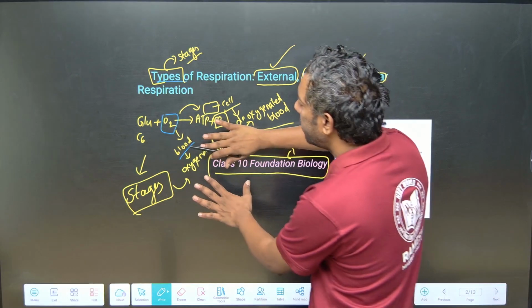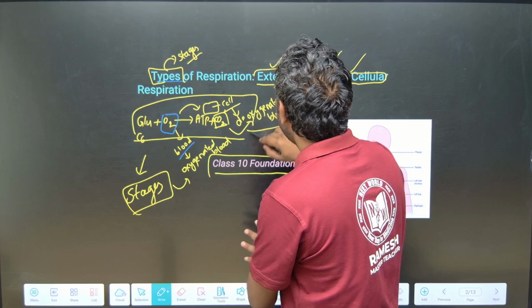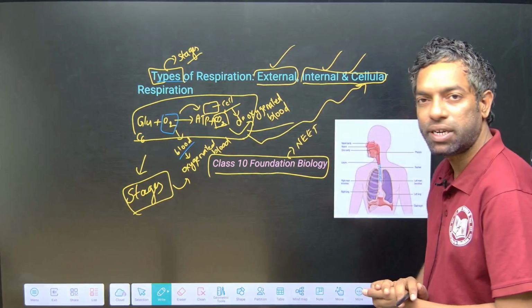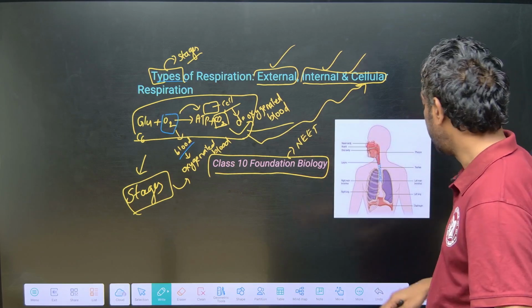This is the equation. Glucose being converted into energy takes place in cellular respiration only. What goes on before that? We are going to discuss it.